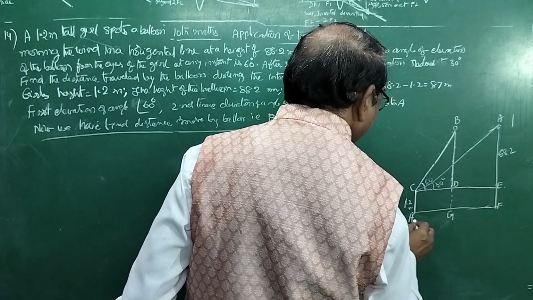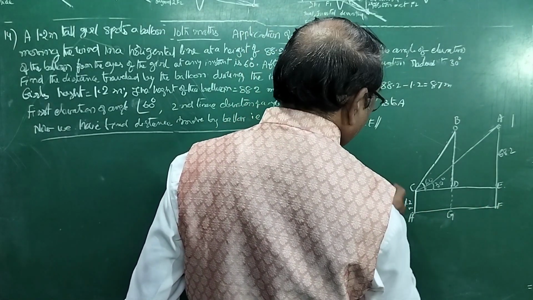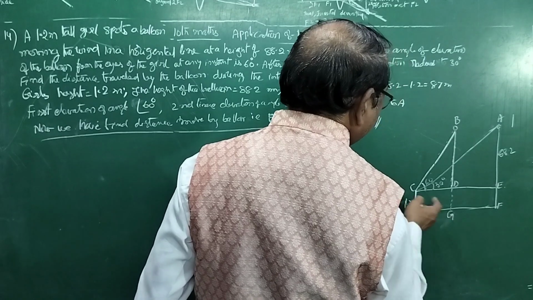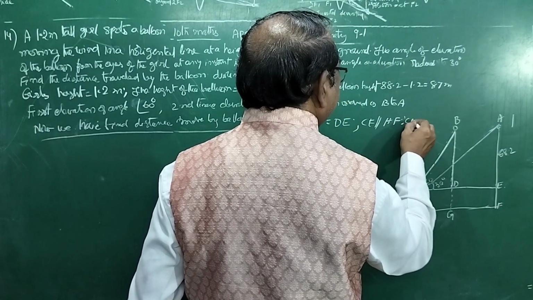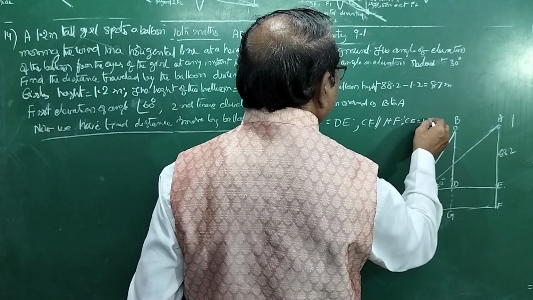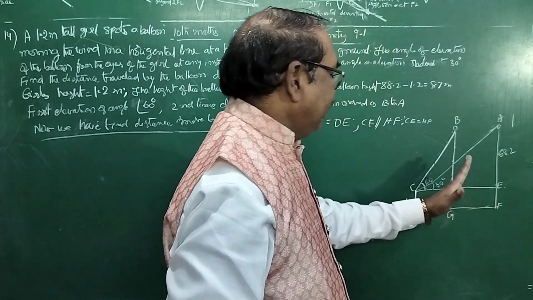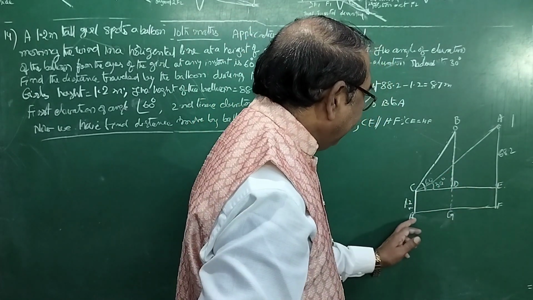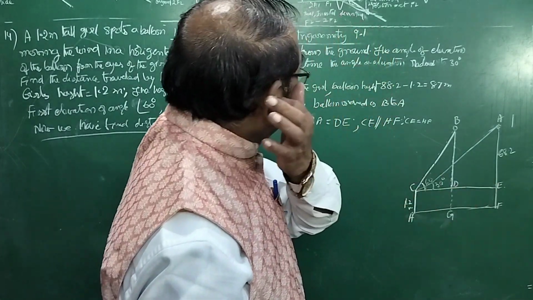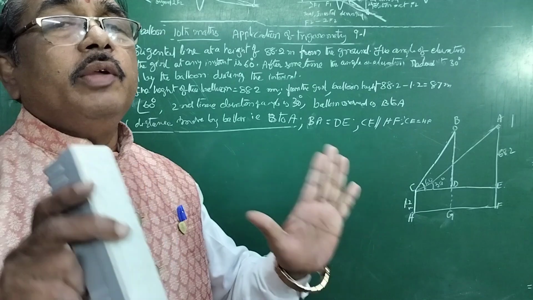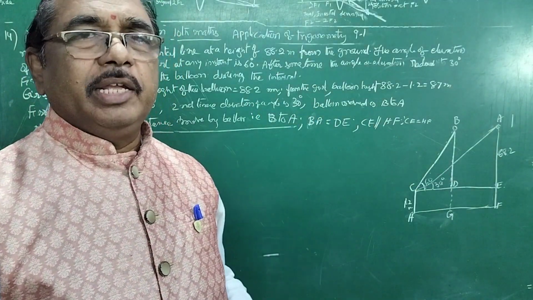Next, CE is parallel to HF, and CE is equal to HF. We are writing all this only for the steps' purpose. We drew the diagram easily, no problem.